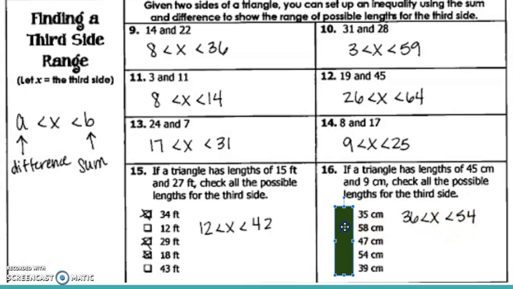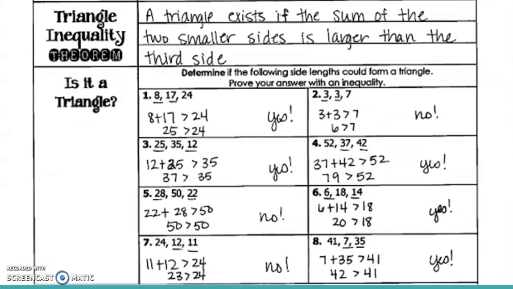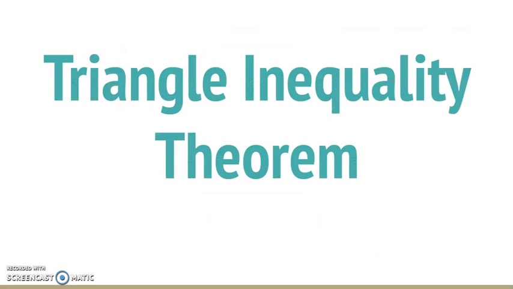So we can choose 47 and 39. 35 is too small, 58 is too large, and 54 is the exact sum. And again, I cannot choose those. So that's finding the range. Again, we're just doing the difference and the sum. When we're using the triangle inequality theorem, we are adding the smaller sides and comparing it to that third side to see if it forms a triangle.